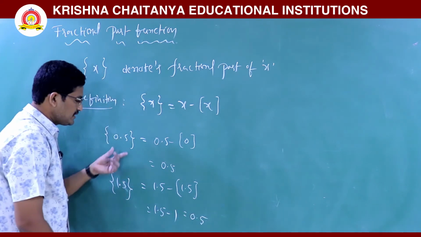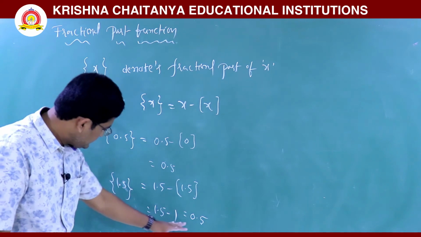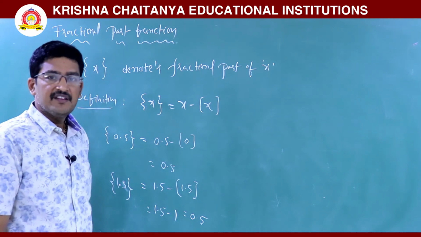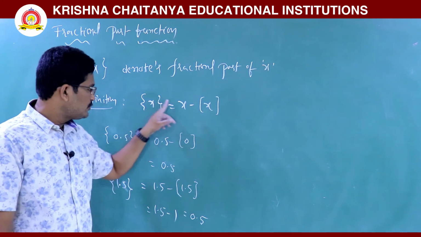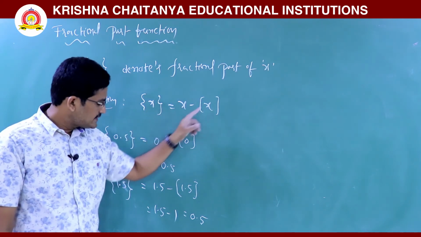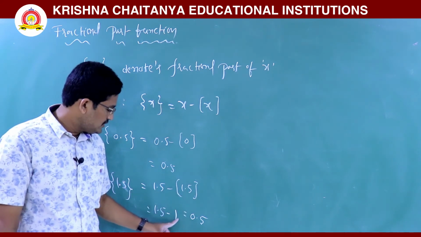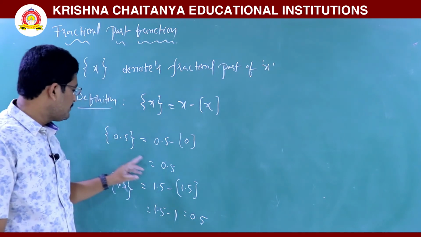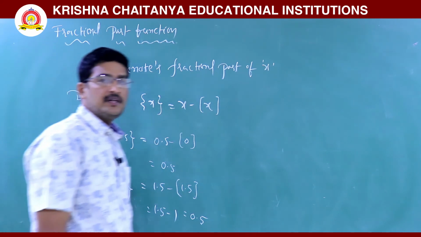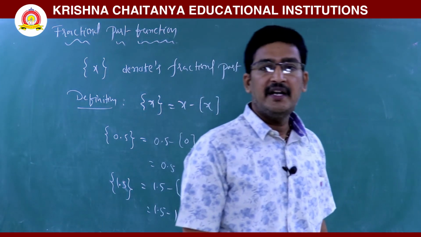Fractional part of 0.5 is 0.5, fractional part of 1.5 is also 0.5, fractional part of 2.5 is 2.5 minus step of 2.5, which is 2, so 2.5 minus 2 is 0.5.